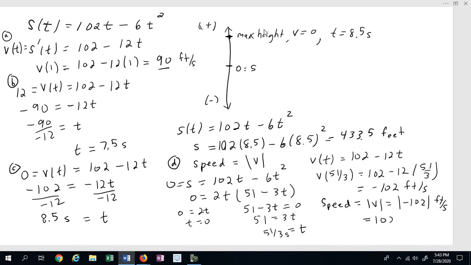So it's actually 102 feet per second. If you were to hit this with a radar gun right at the moment it's hitting the ground, when s is equal to 0, the radar gun would show 102 feet per second for its speed.